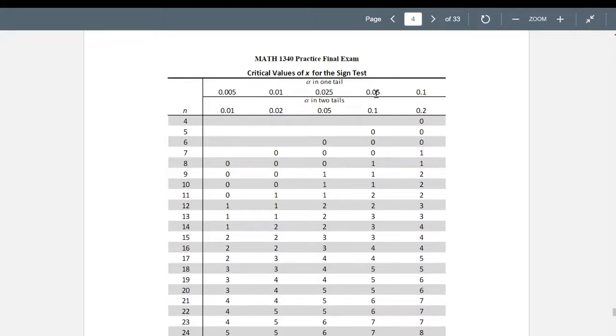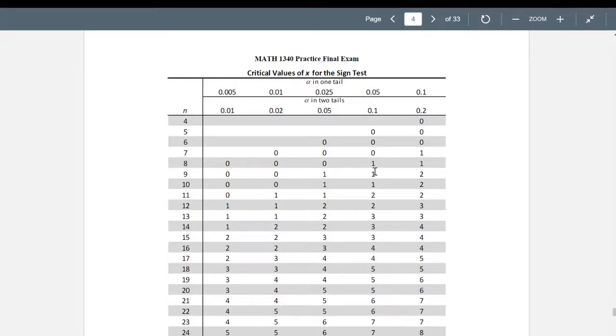I go to this row with the 0.05, and the value of our n was 9, with 7 plus signs and 2 minus signs. So I go down to the row with 9 for n, and the column with 0.05 in one tail. That's this value here, x equals 1.